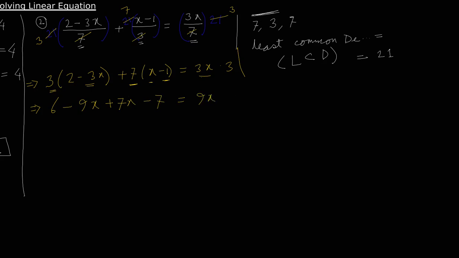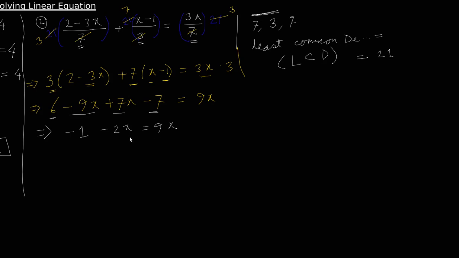So we multiplied everything. Now let's simplify a little bit. 6 minus 7 is negative 1, and negative 9x plus 7x is negative 2x, so I have negative 1 minus 2x equals 9x.